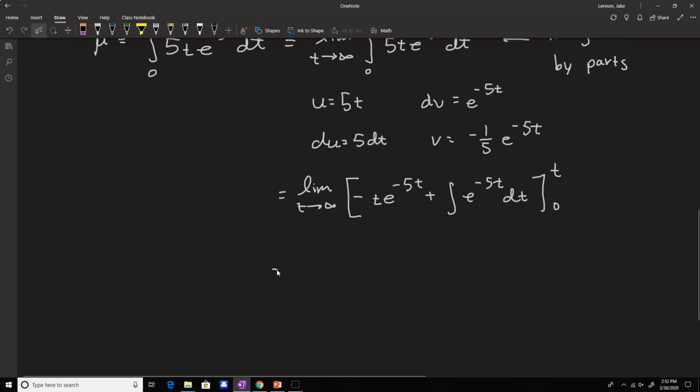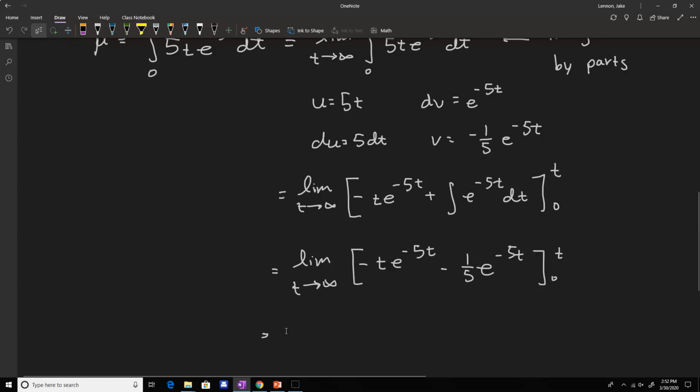So then we end up with the limit as t goes to infinity, and this is minus t e to the minus 5t minus 1/5 e to the minus 5t from 0 to t.